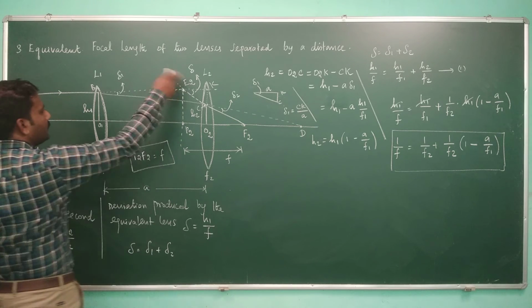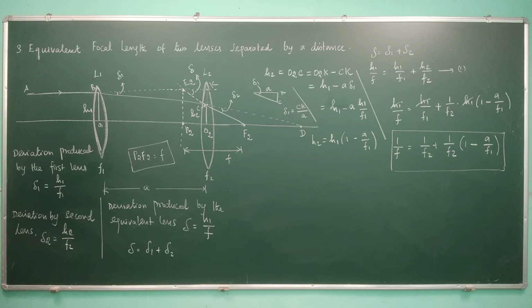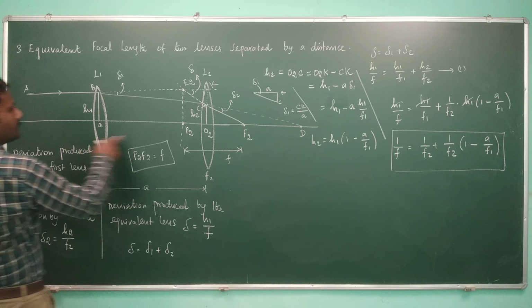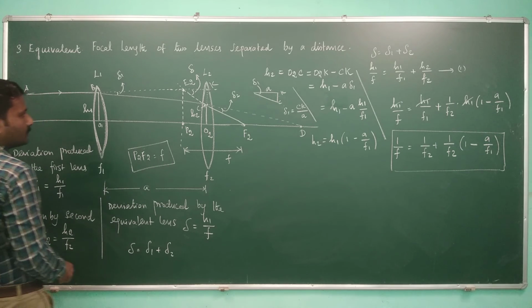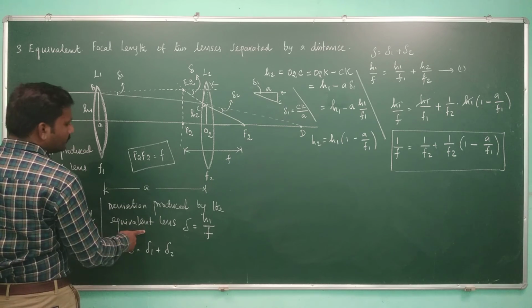So this plane E2 P2 is assumed to be the equivalent lens system for these two lenses separated by a distance A.